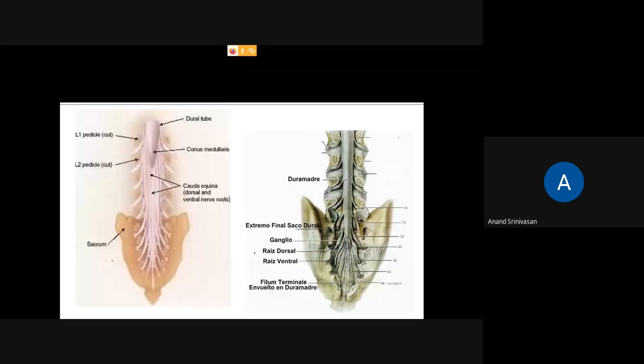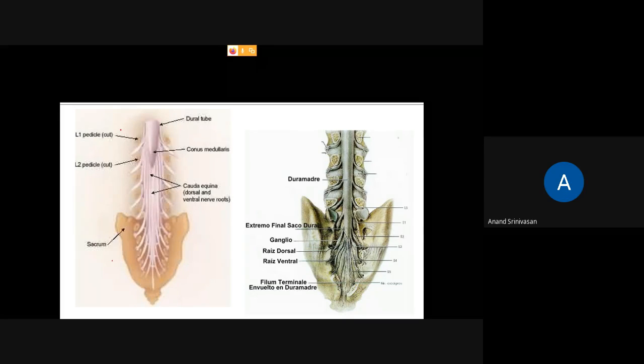So here you can see in the line nicely, this is the lower end of the spinal cord. And here you can see a cone-shaped portion of the spinal cord. Can you see a cone-shaped structure? So this cone-shaped structure is referred to as conus medullaris.